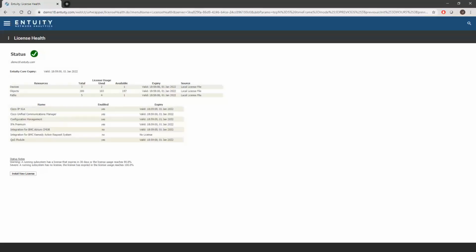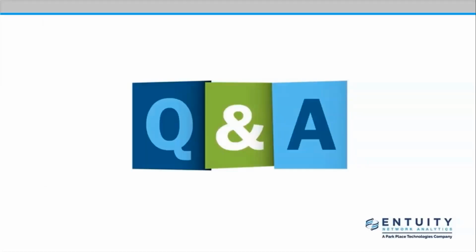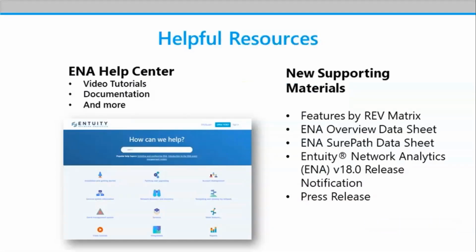Right, okay. So at this point, I want to point out that you should keep in mind that there are a variety of helpful resources to help you quickly find information about ENA. The totally updated ENA Help Center is searchable and has an incredible number of videos to aid you in your understanding of ENA.